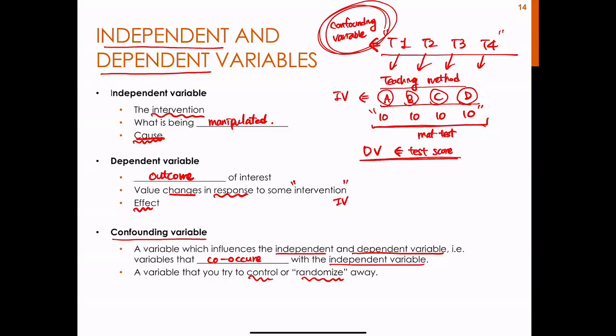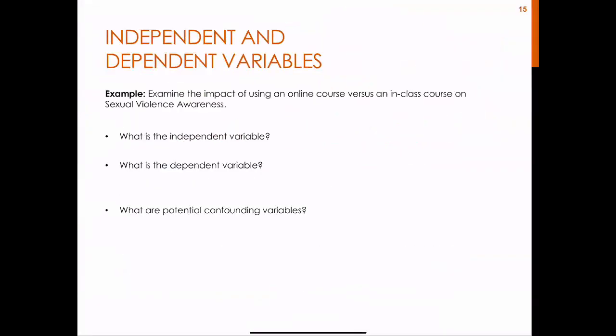So I just brought some examples for the independent and dependent variable. Researchers would like to examine the impact of using online courses versus in-class courses on sexual violence awareness. So in this case, what is the independent variable?